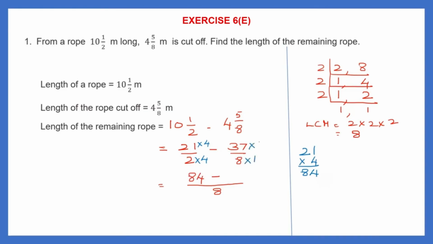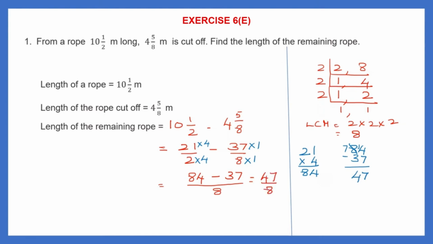So 37 ones will be 37 itself. Let's subtract 84 minus 37. Let's borrow. 14 minus 7 is 7. 7 minus 3 is 4. So we get 47 by 8.